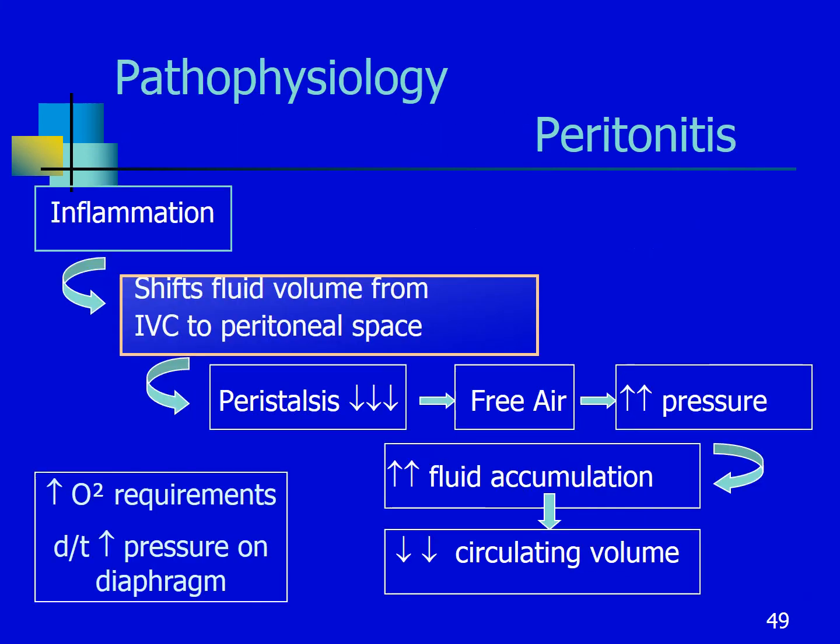Next slide. So peritonitis pathophysiology: you have this inflammation. So there's a shift of fluid from the intravascular space to the peritoneal space, which decreases the peristalsis. Free air increases the pressure, which increases fluid accumulation, which decreases the circulating volume, and increases the oxygen requirement related to the increased pressure on the diaphragm.